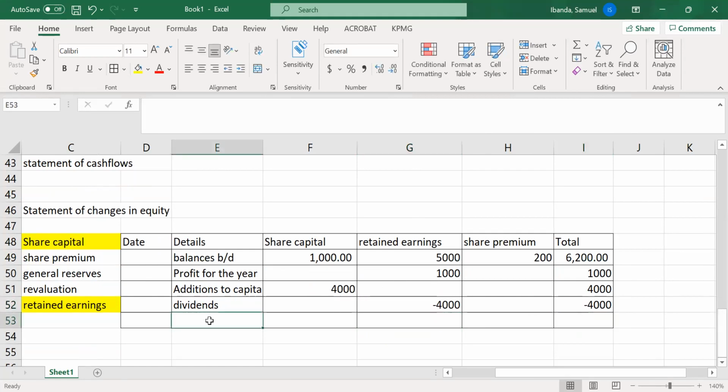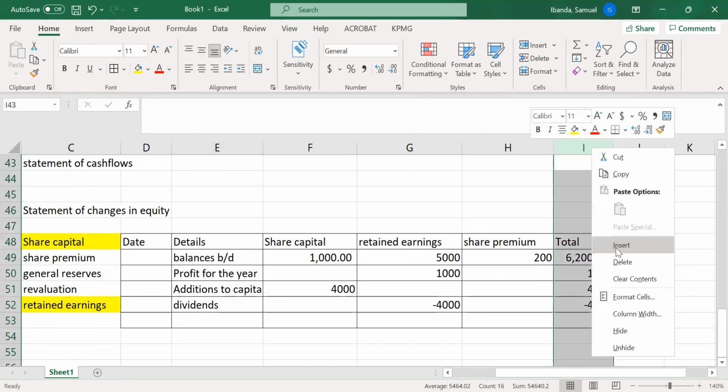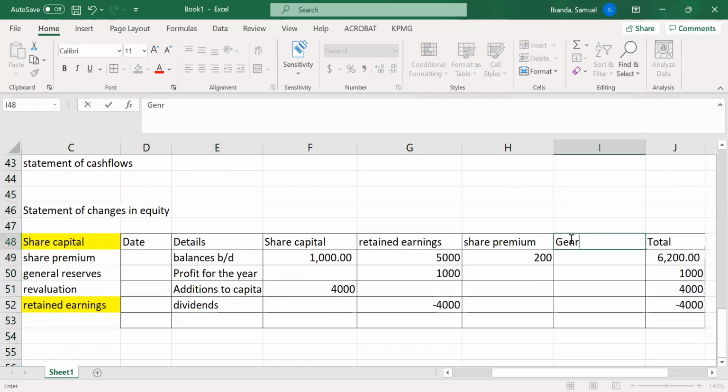Now, you can go on and on depending on what happened, okay? In case there was a revaluation, you record that. In case there was a transfer, one of the things that the examiner brings is a transfer to the general reserve. They can tell you that maybe a transfer of 200 shillings was made to the general reserve.